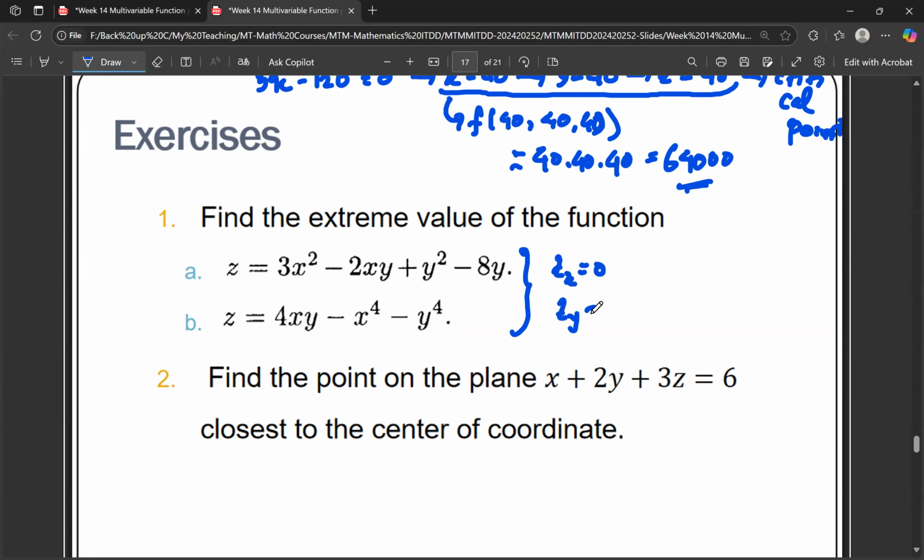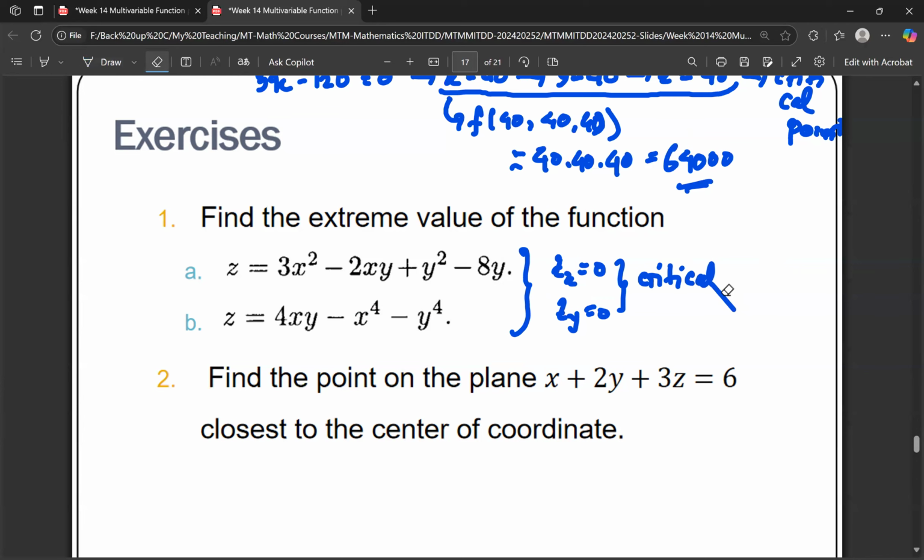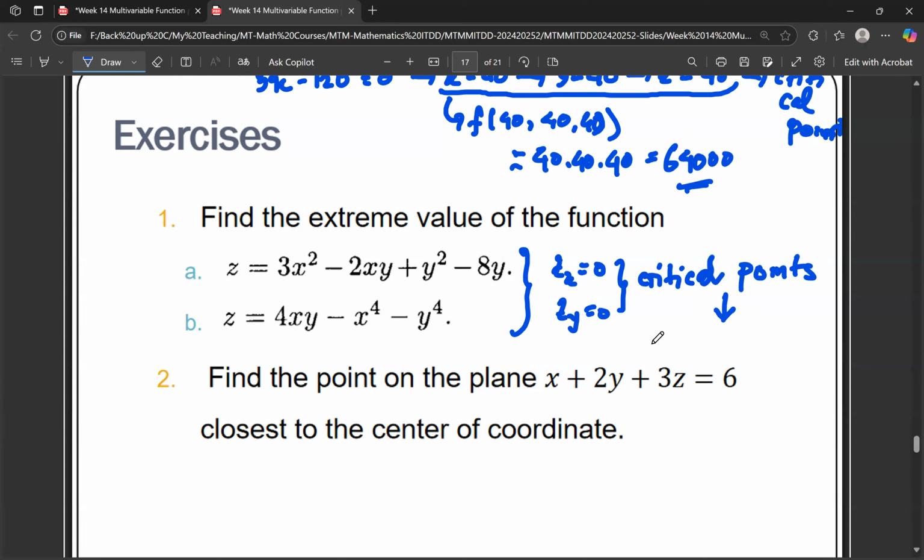So find the critical points, which might be one or more than one. And then after you get the critical points, use the second derivative test, so you get the extreme values.